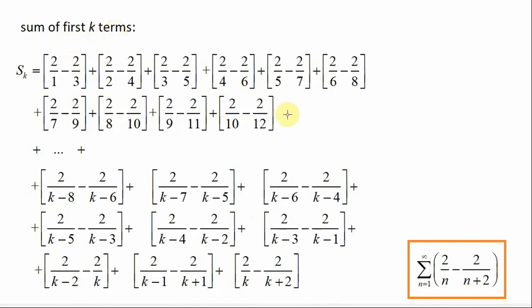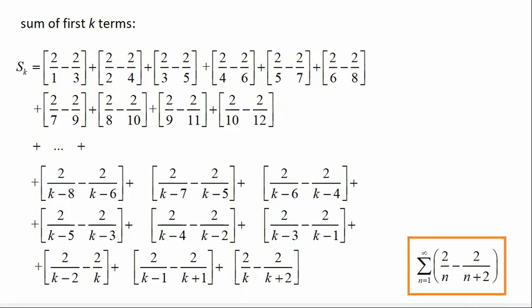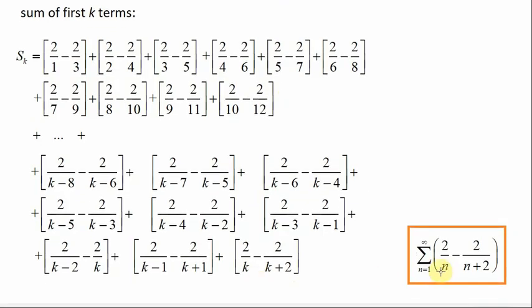And now let's write the sum of the first k terms. So here are the first 10 terms. This is the kth term, so in the place of n, we just have k.